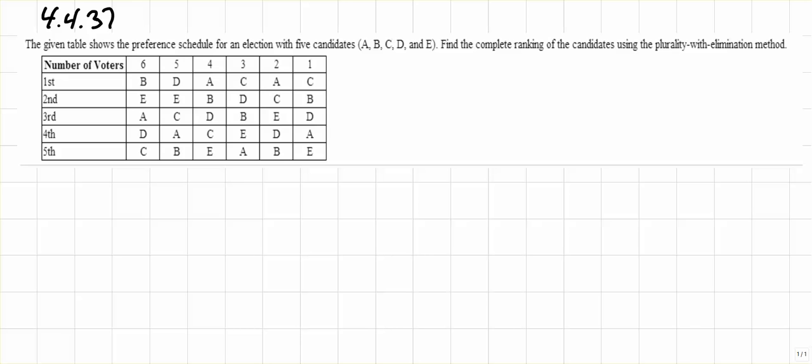So let's start with candidate A. Candidate A right here has 4 first place votes and also has 2 first place votes. So we can say that A has 4 plus 2, which is 6 votes.